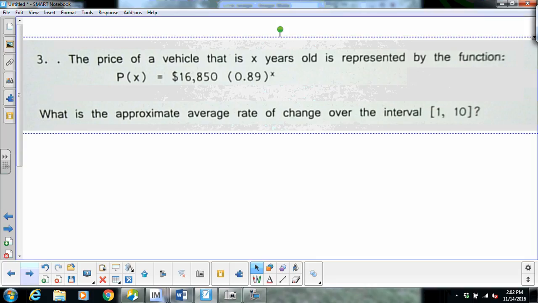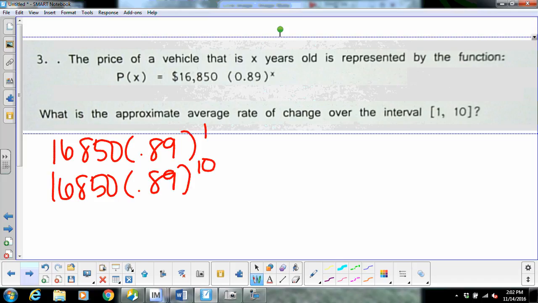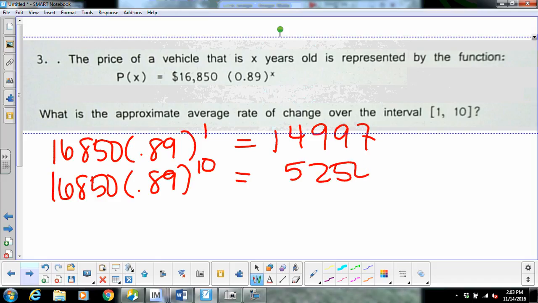I think the next one I have up here is problem number 3. Okay, so same thing. I'm going to start just by doing 16,850 times 0.89 to the first, and then 16,850 times 0.89 to the 10th. And that gives me 14,997 and 5,254.